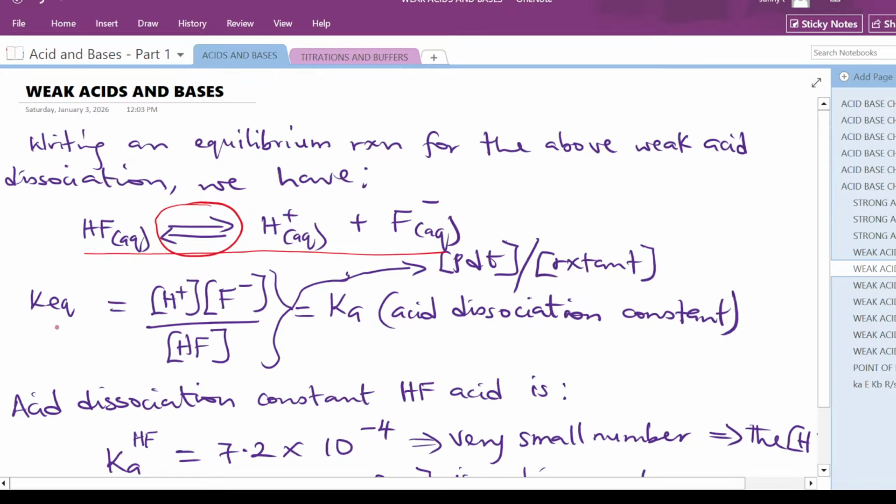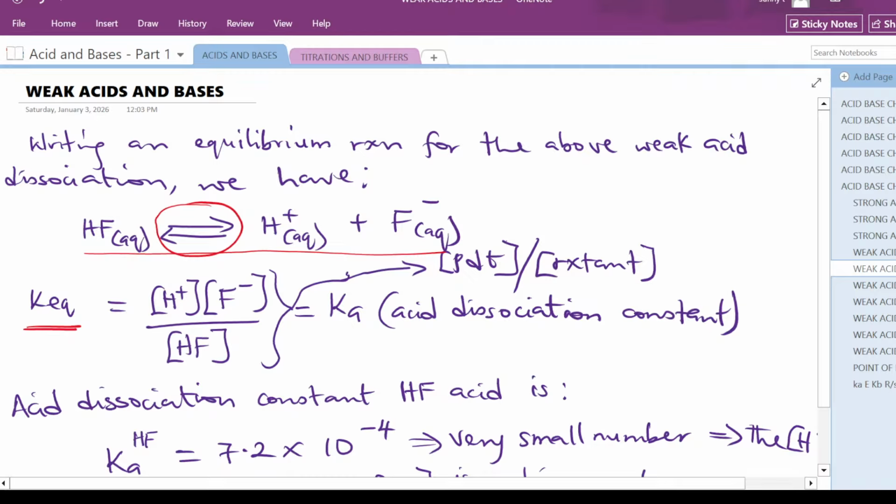As a result, Keq, which is your equilibrium constant, always comes into play. So you see that when hydrogen fluoride reacts here, it forms H plus and F minus. Okay, so a lot of the reactant is still in this form. Not all is completely dissociated.